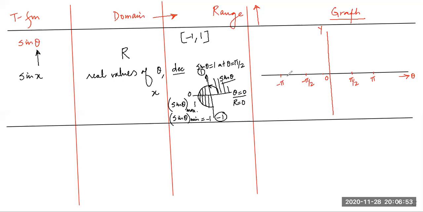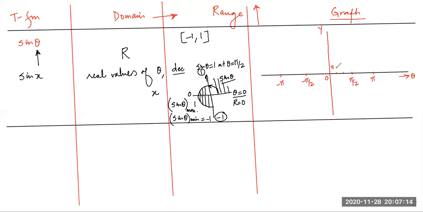Now, I want you to divide pi by 2 into 3 parts: 1, 2, 3, right? To get an idea about how this graph has a curved shape. So what will be this angle? If this is 90, this will be 30. So 30 is pi by 6.